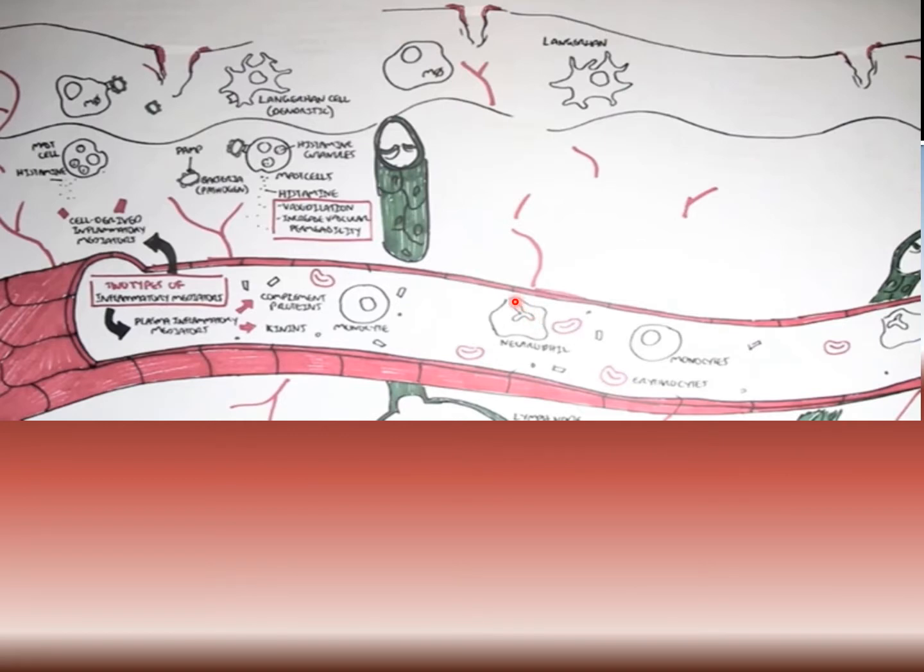So, when tissue damage is caused by a wound or by invading pathogenic microorganisms, for example gram-negative bacteria, it induces a complex sequence of events collectively known as the inflammatory response.